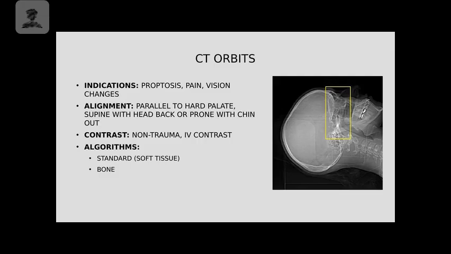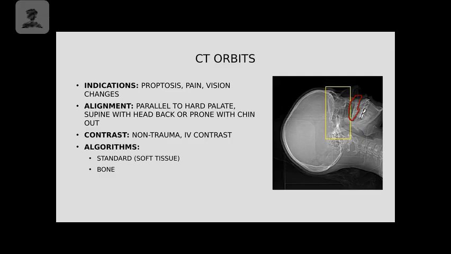Alignment is going to be different than our normal head and CTAs because we are going to actually image the eye. We're not trying to avoid it now. So we have to tilt the head back a little bit. We bring the chin out or up towards the ceiling, and we try to align our lasers so that we are parallel to the hard palate. The hard palate is the hard portion of the upper part of your mouth.